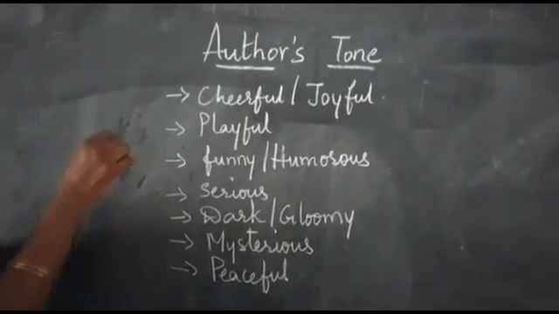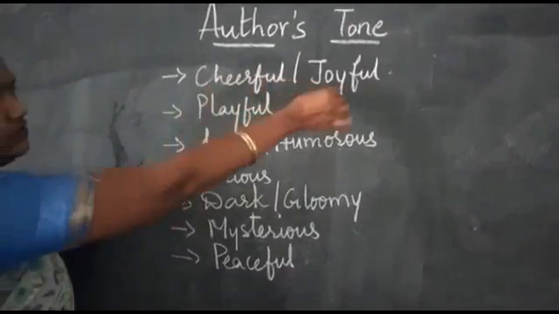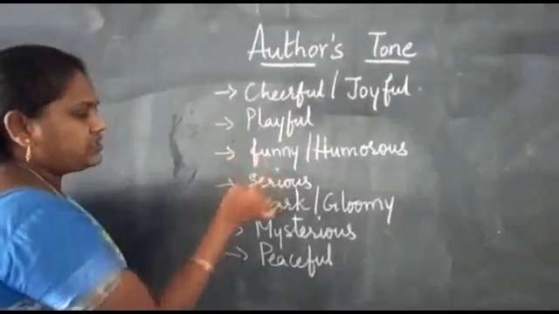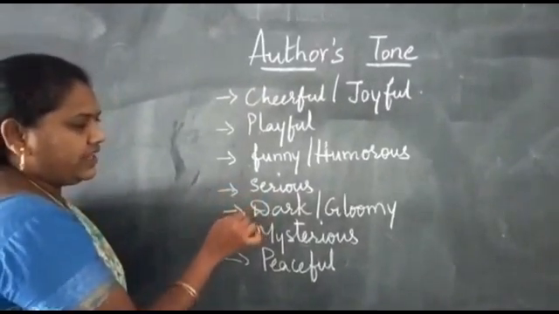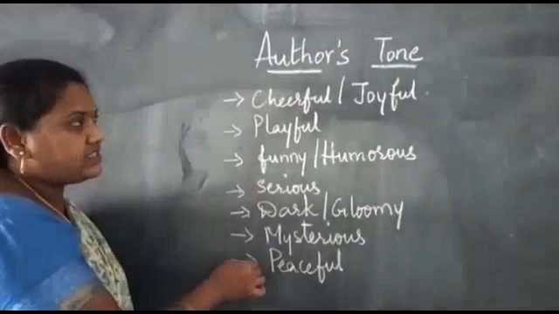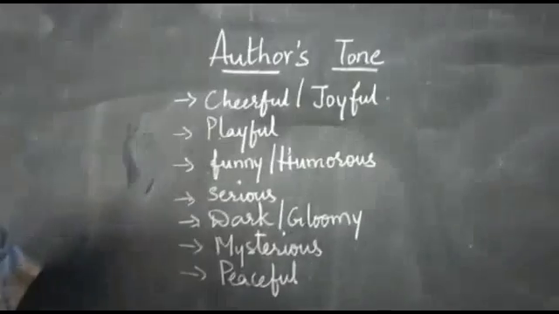See here, I wrote a few of the author's tones. One is cheerful, joy, playful, funny or humorous, serious, dark or gloomy, mischievous, peaceful. These are few of the author's tones which I wrote over here.